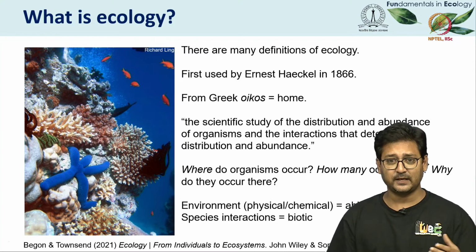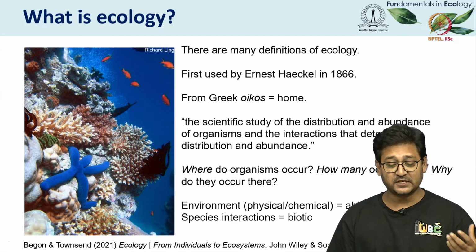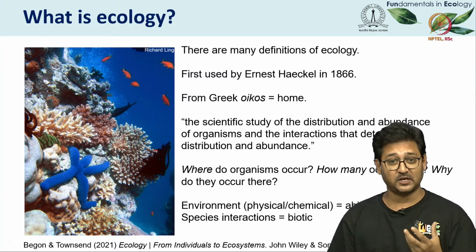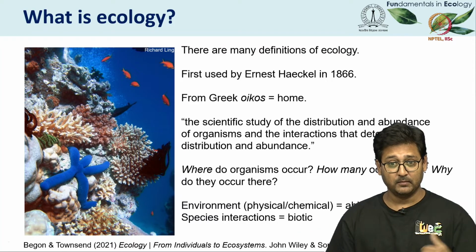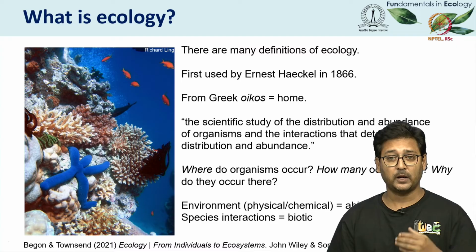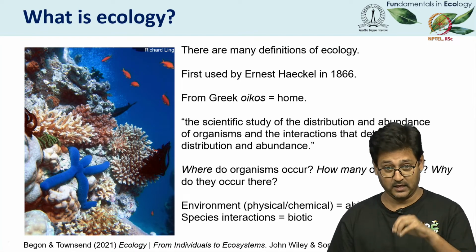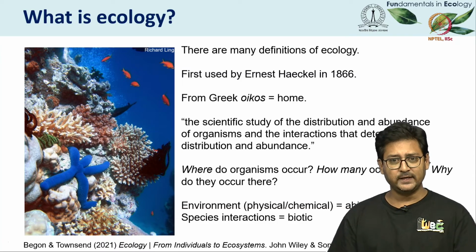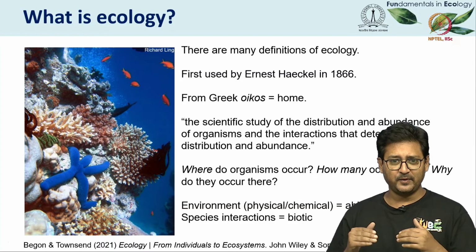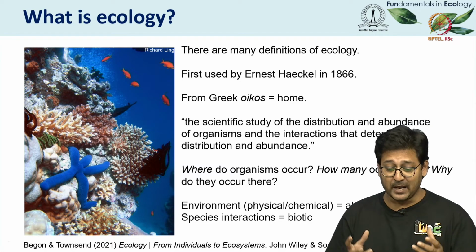So the questions that ecologists ask are questions like, where do these organisms occur geographically or in time? How many individuals of that organism occur where they occur, and why do they occur there? So it's the interaction between organisms and their environment, which are abiotic variables.